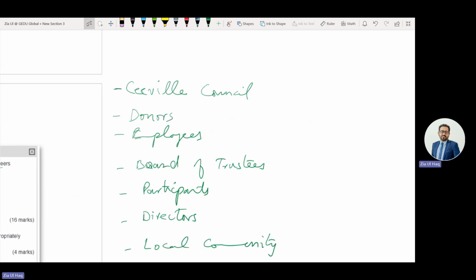So let's discuss Savile Council. Savile Council is what? Key player? They have high interest and high power to influence the company. High interest because they are stating some conditions that the company needs to follow. Condition: the company needs to offer business skill courses.